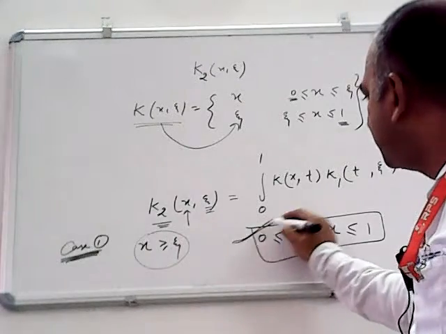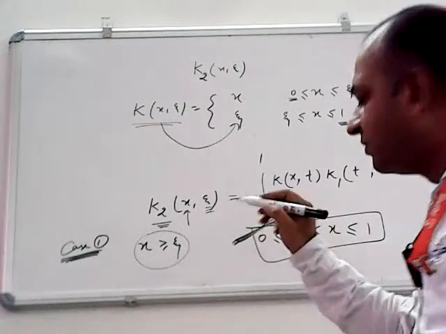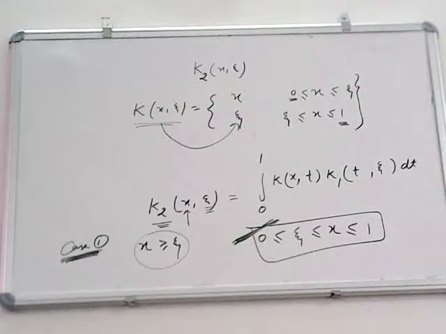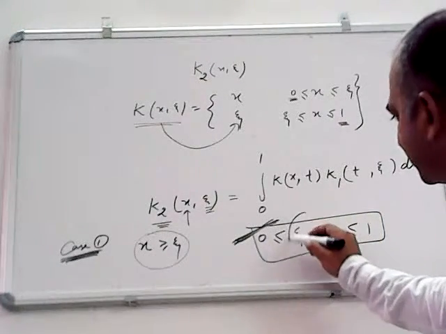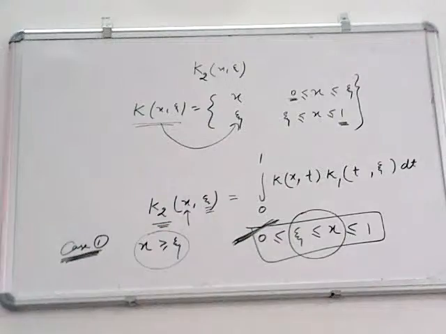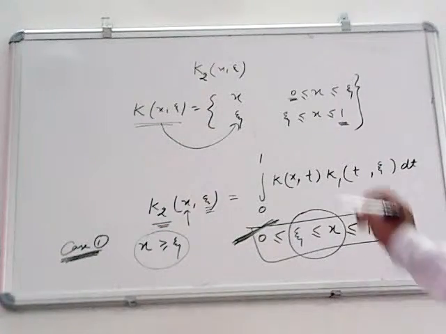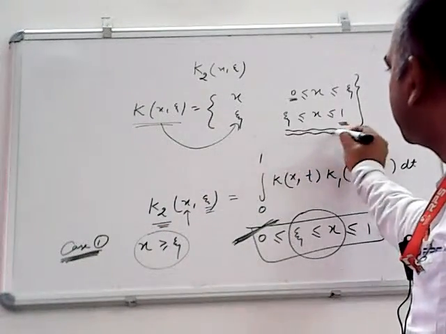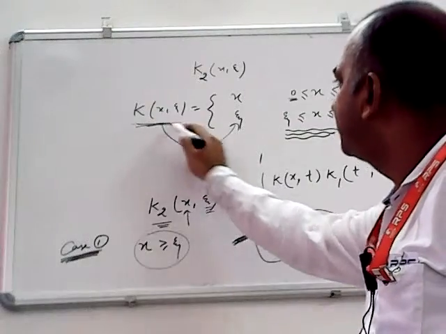So in this scenario, we are going to calculate the value of the second iterated kernel. What is the kernel here? As x is greater than or equal to xi, the value of the kernel is xi.